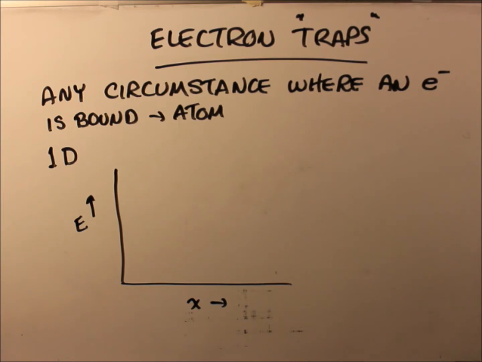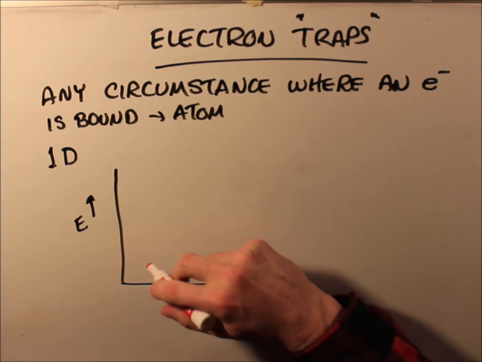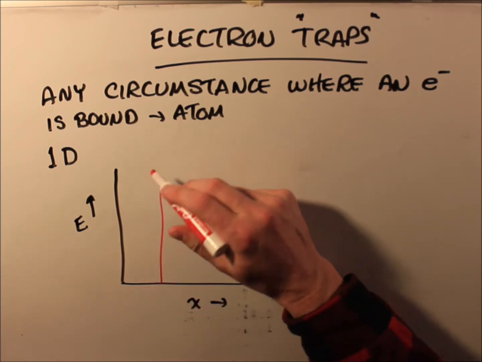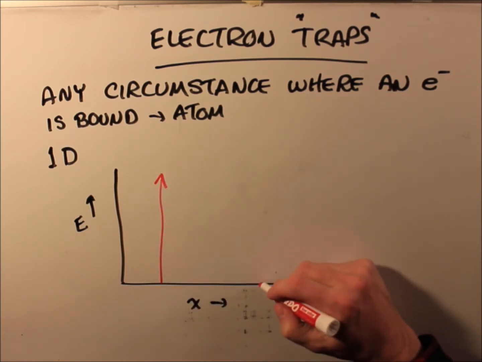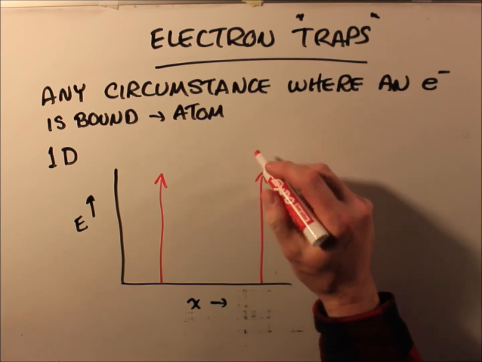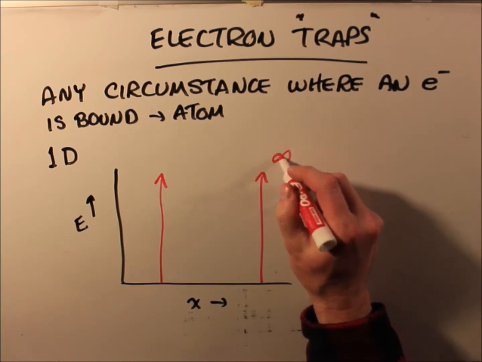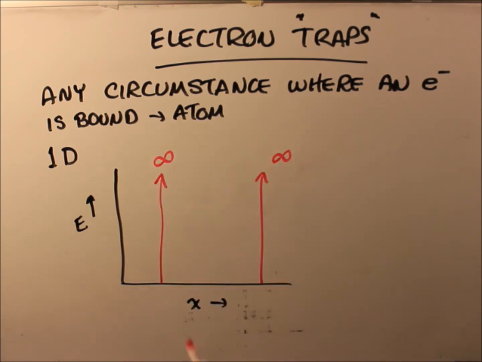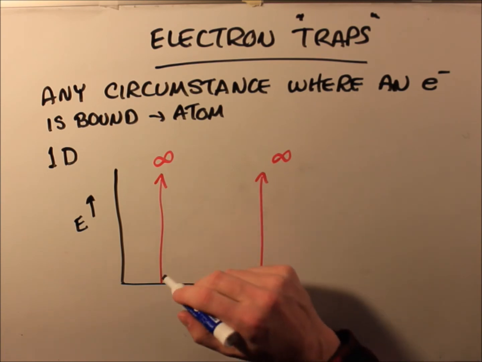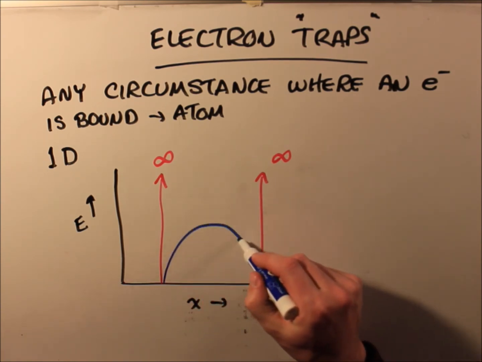And we have a trap such that the energy at one place here and somewhere else here, in this case, when I say this is infinite, okay, then the probability of the particle must stay within here.